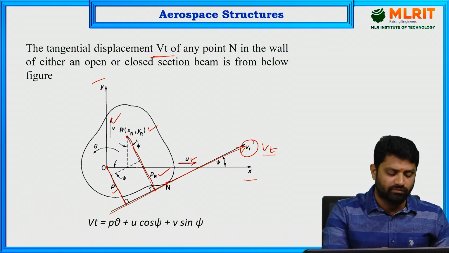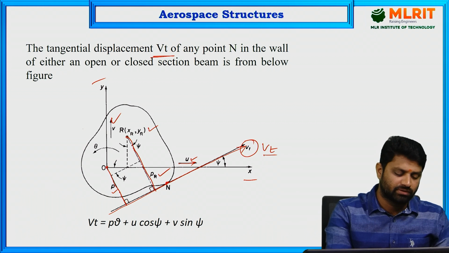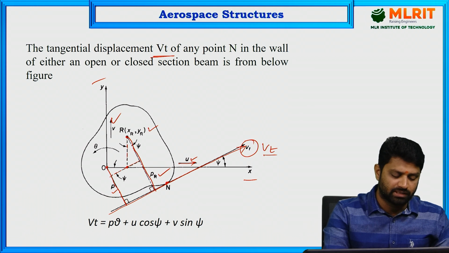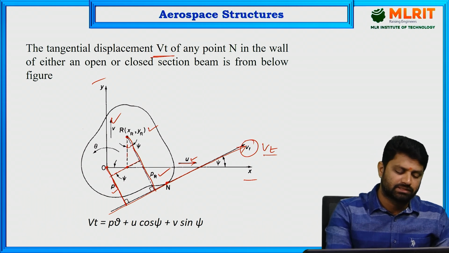First we draw one dotted line onto the x axis, and where it connects to the x axis, we draw one perpendicular from O to the tangent line, and this is the angle we consider as psi.